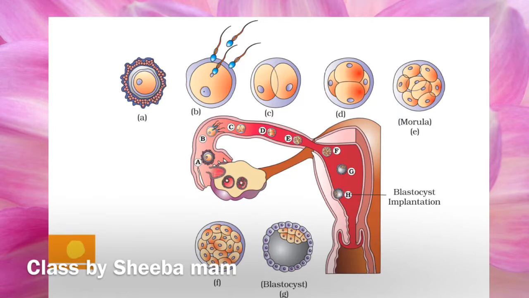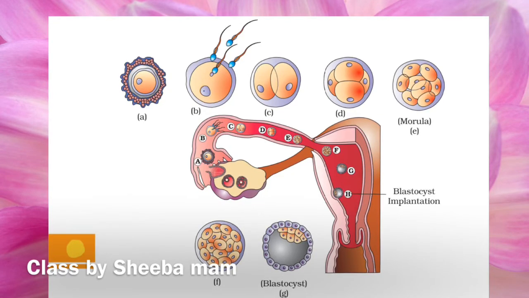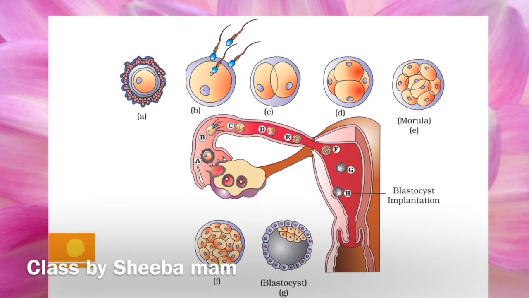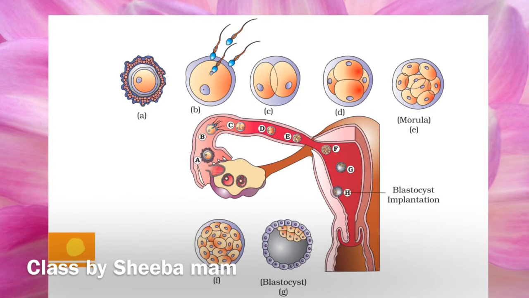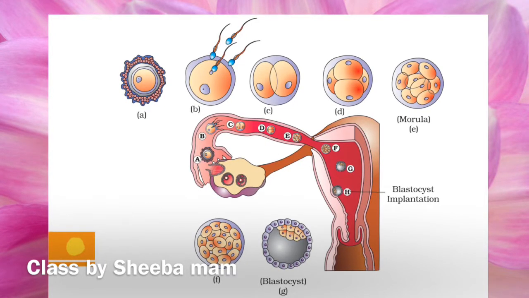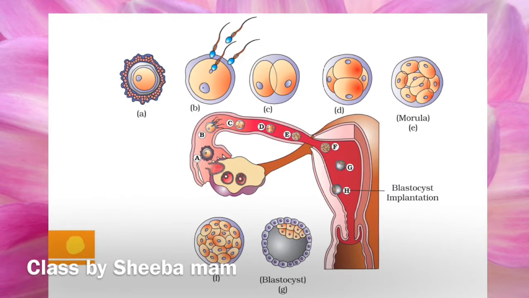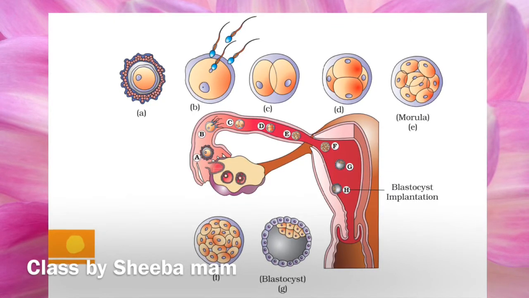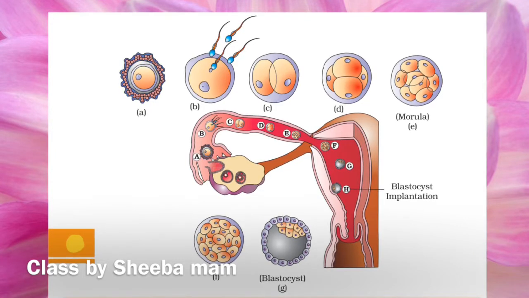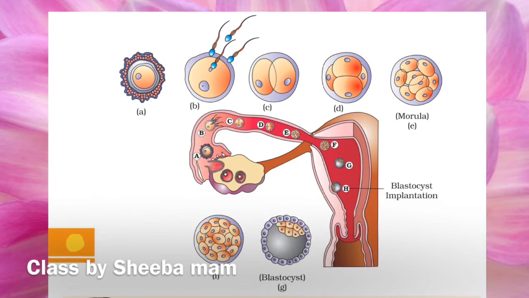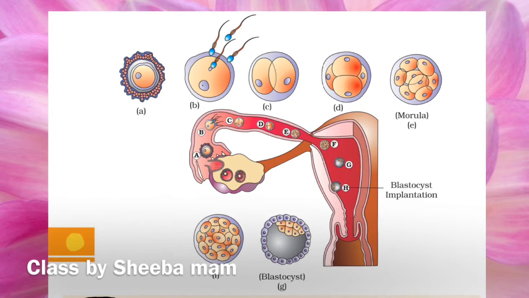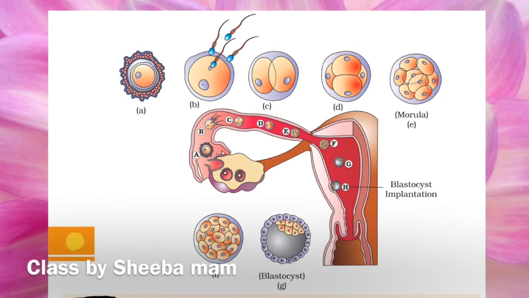As the zygote moves through the isthmus of the oviduct, the zygote undergoes repeated mitotic division called the cleavage division. The first cleavage division divides the zygote into two blastomeres. The second cleavage division divides both the blastomeres, resulting in 4-cell stage.